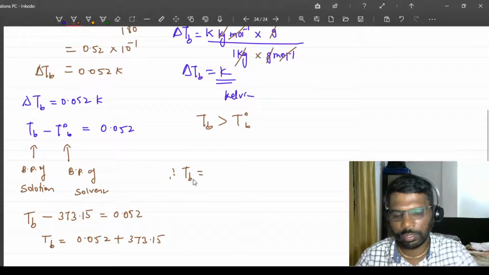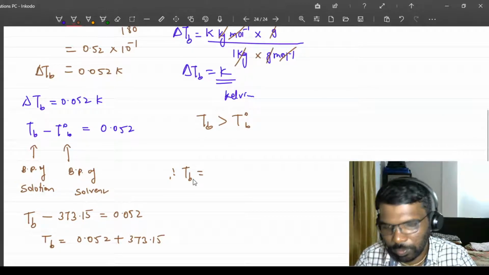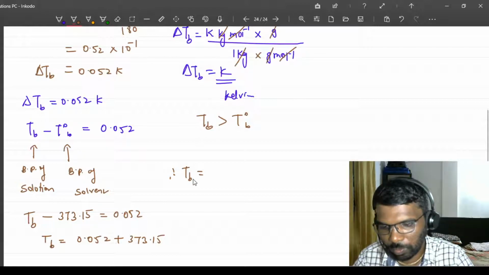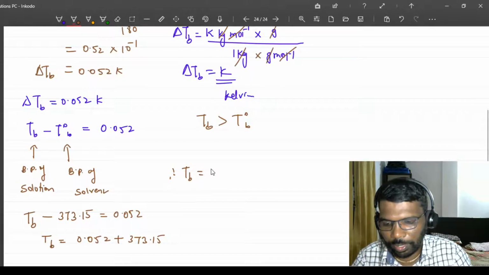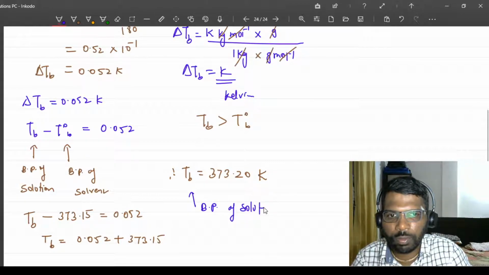If we add this, TB will be 373.20 Kelvin. This is the boiling point of the solution.